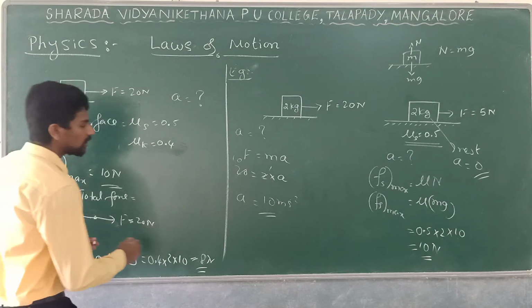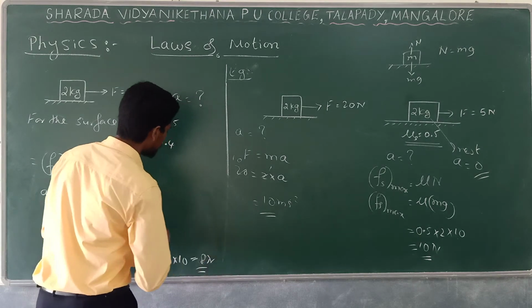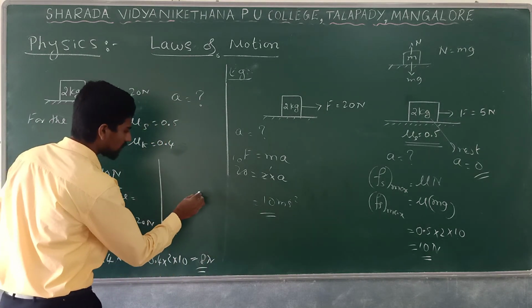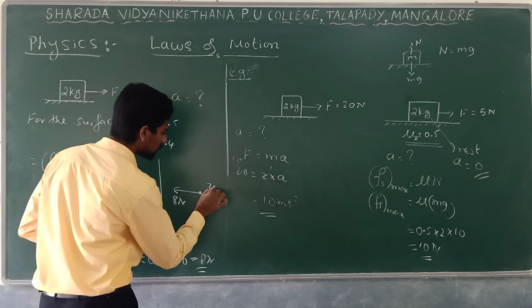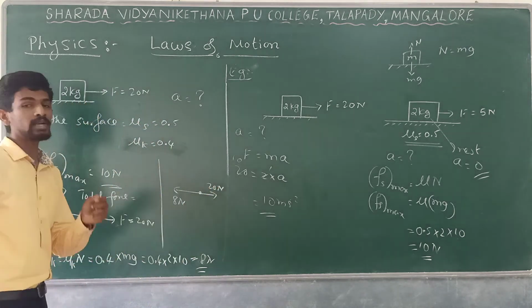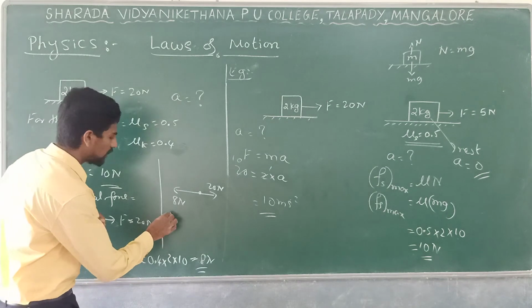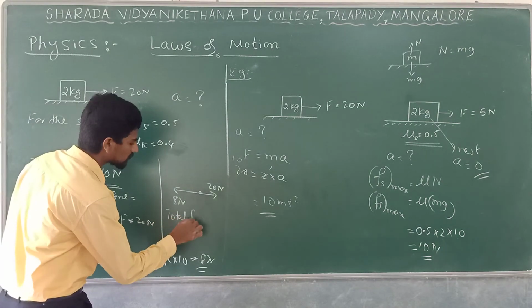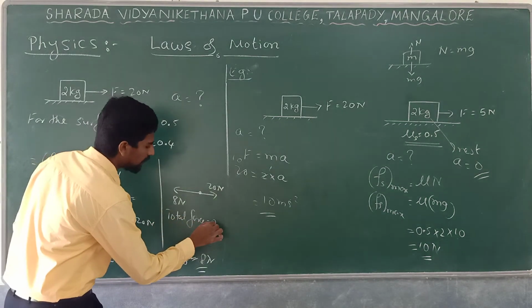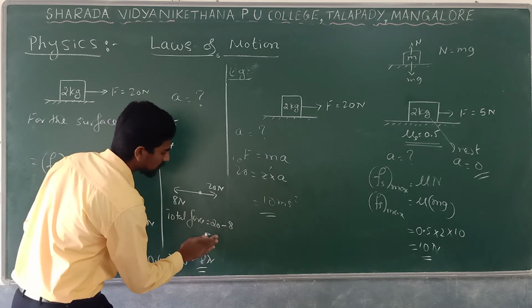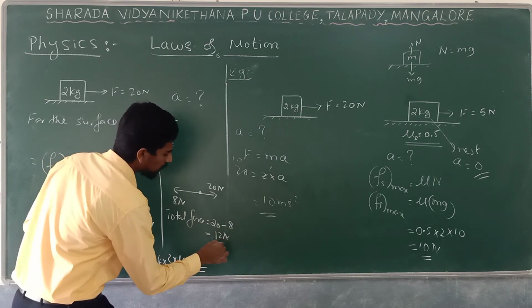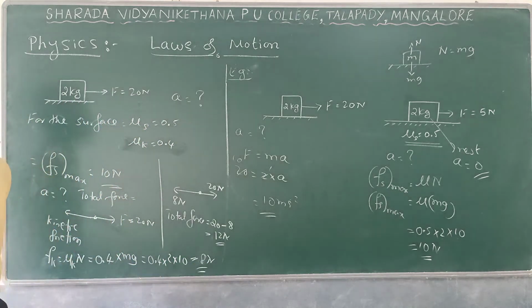So the kinetic friction in the opposite direction is 8 Newton. In this direction 20 Newton is there, in the opposite direction 8 Newton is there. So what is the total force? Total force is 20 minus 8, which is 12 Newton.